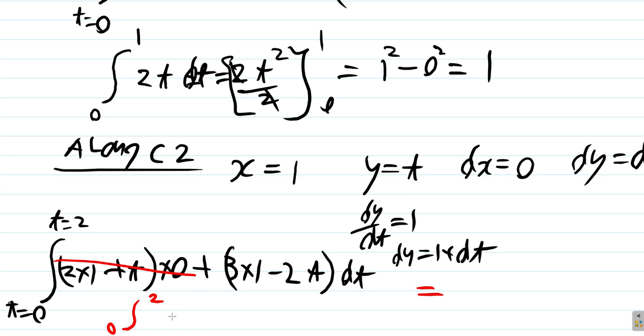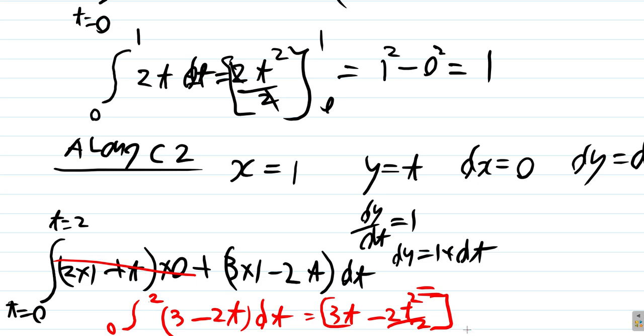Plus, then you have (3 times 1 minus 2t) dt. When you integrate this with respect to t, you have 3t minus 2t squared over 2, going from 0 to 2.